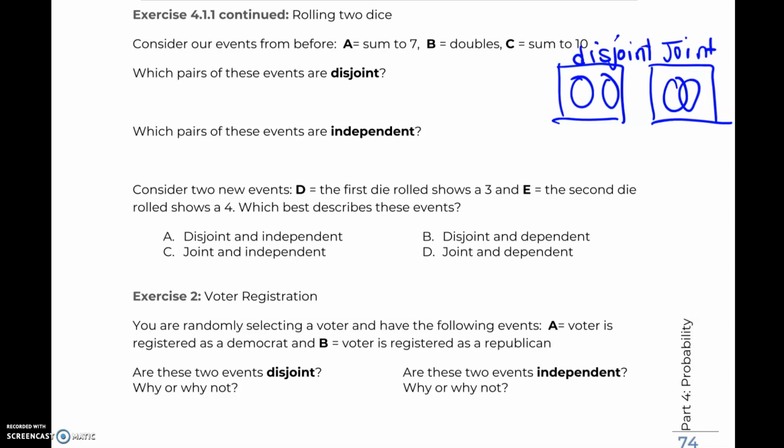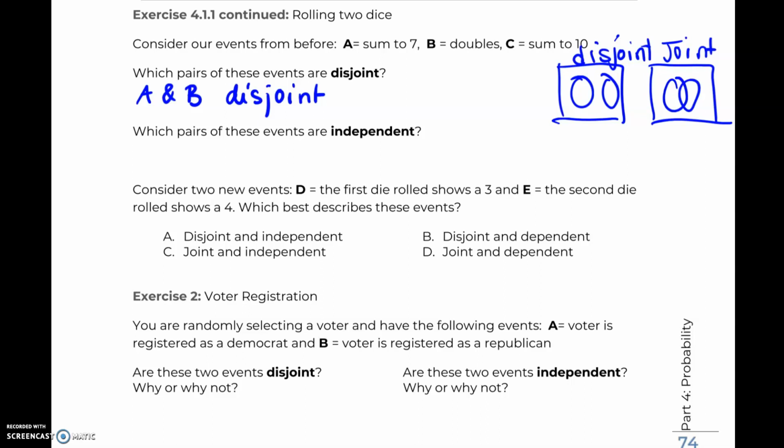Disjoint means they cannot happen at the same time. For example, when we're looking at having a sum of 7 and doubles, could we have that happen at the same time? No, that's not possible. Therefore, A and B are disjoint. Could we have doubles and a sum of 10 at the same time?